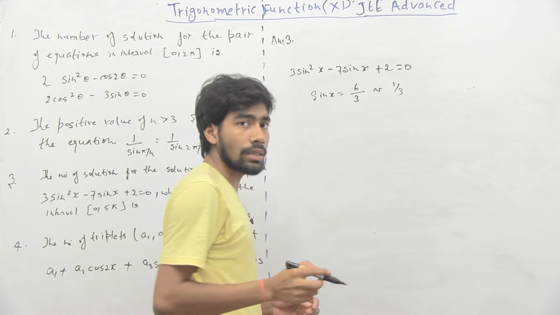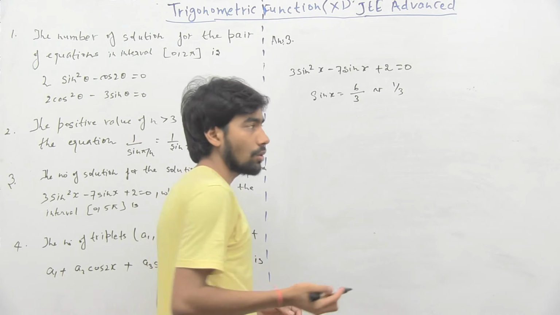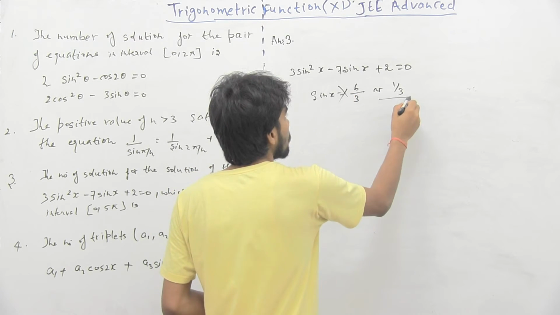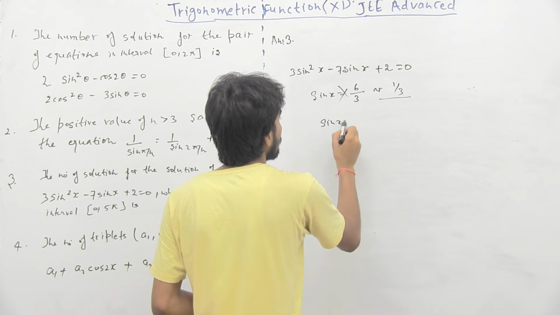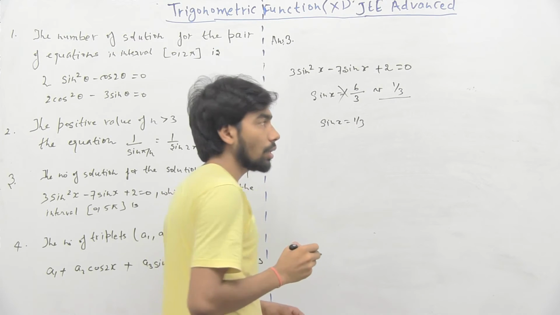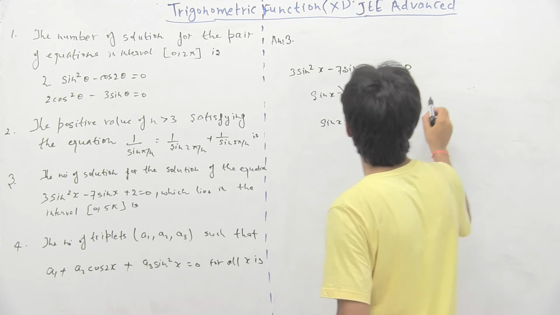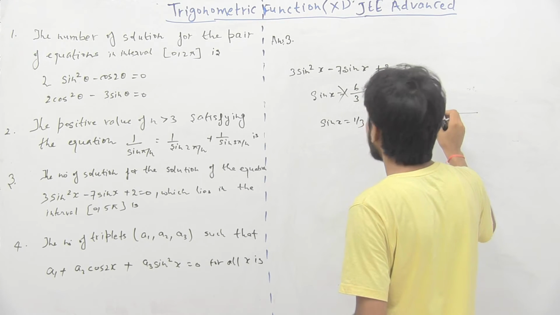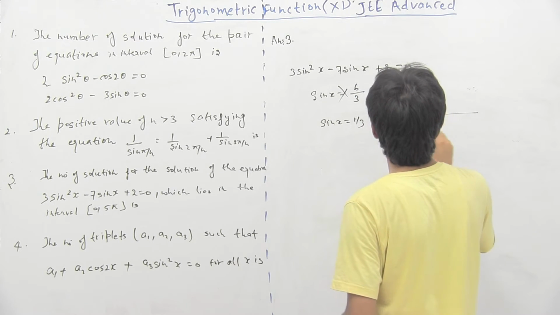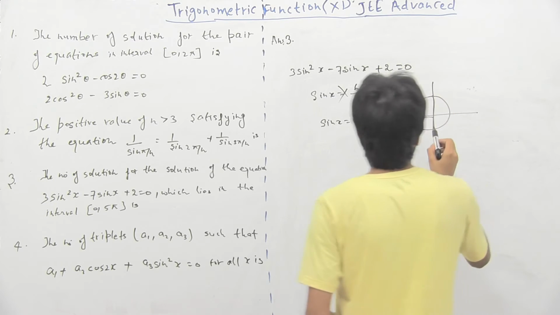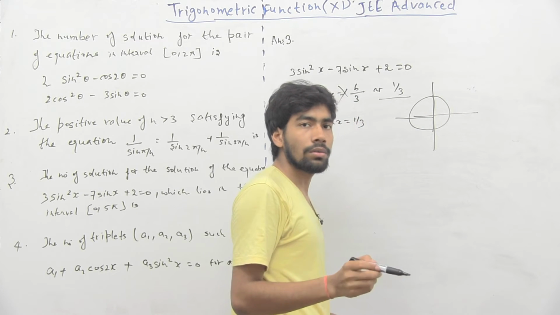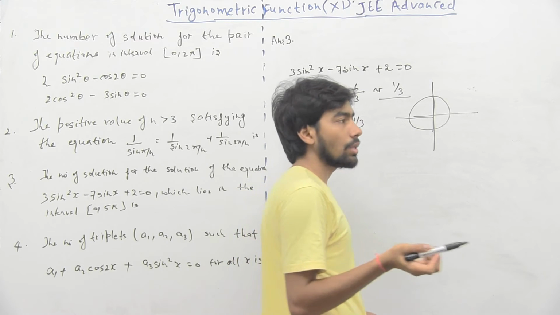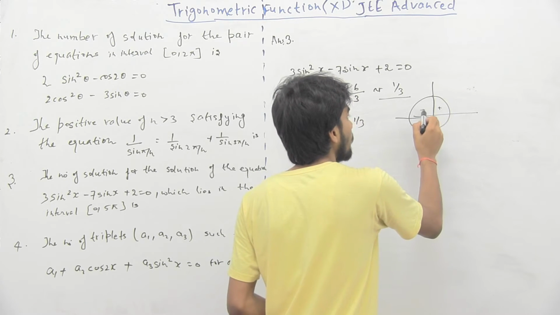Can sin x be equal to 2? No. So only sin x can be 1 by 3. The value of sin x is positive only in two quadrants, first and second.